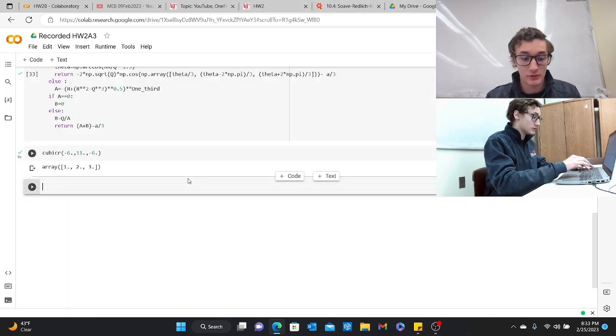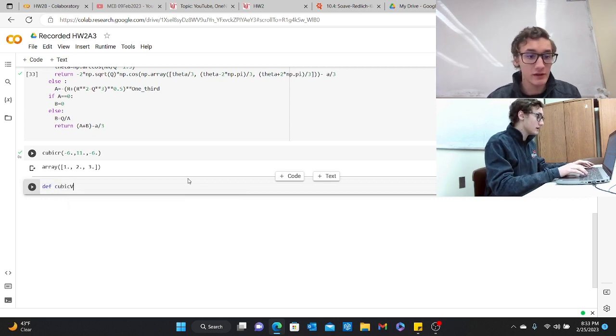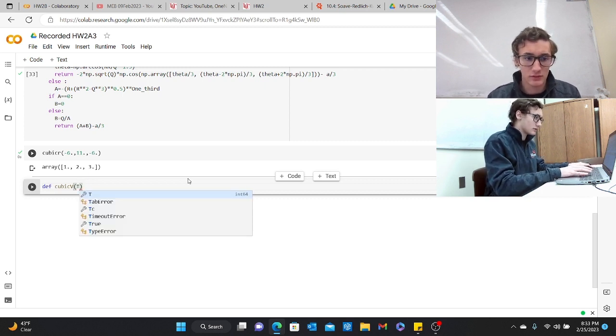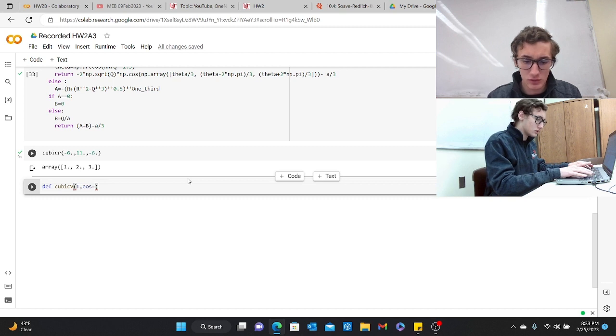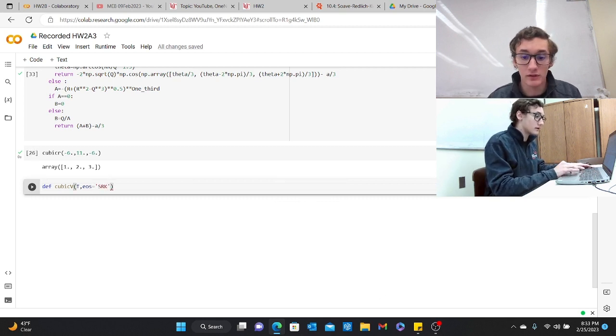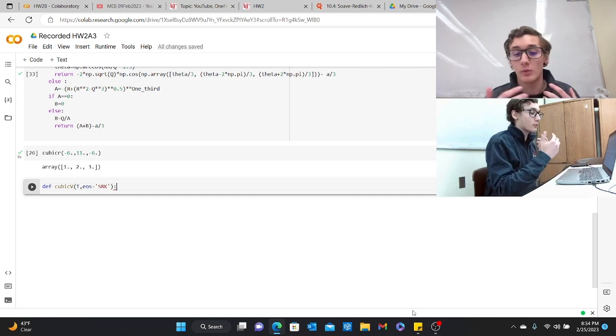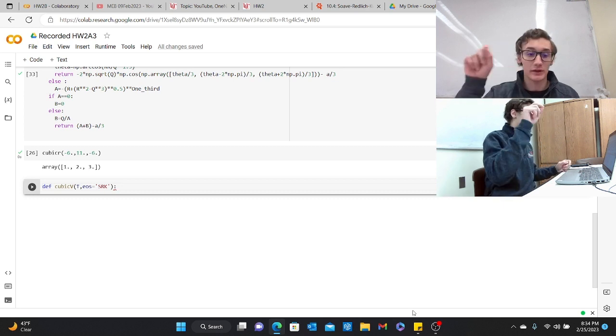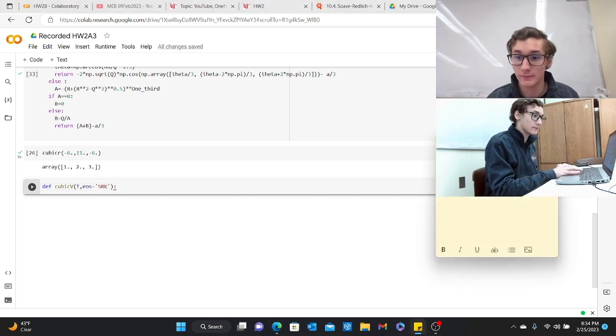So we are going to define, we're going to call this cubic V, and what you're going to put in, I believe, is the temperature and the EOS, and we are going to assume it's SRK. But we can check what we put in, because I transferred what we had at the end into my sticky note here.